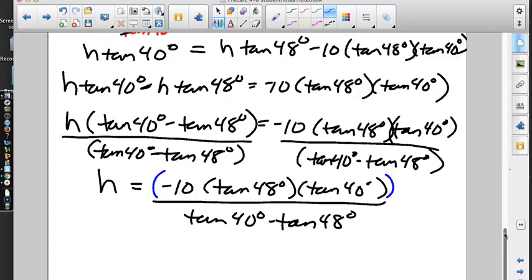Again, big set of parentheses for the numerator, big set of parentheses for the denominator, so the calculator knows to do all this first, then divide.